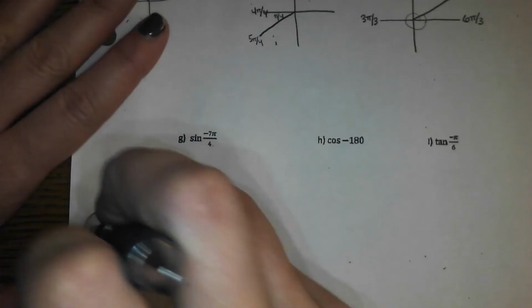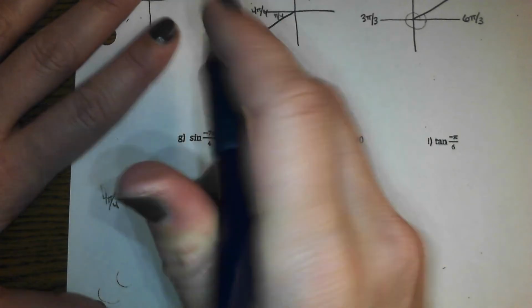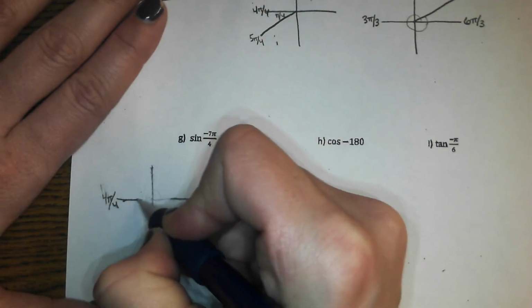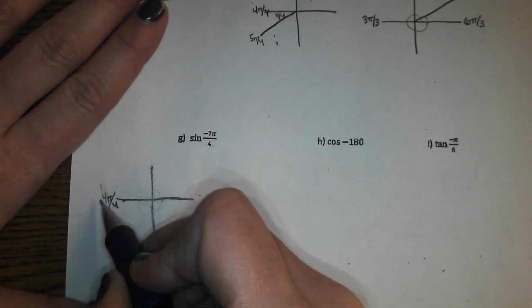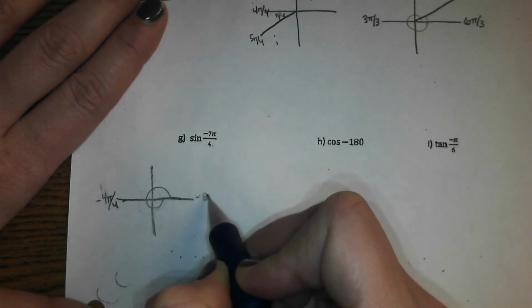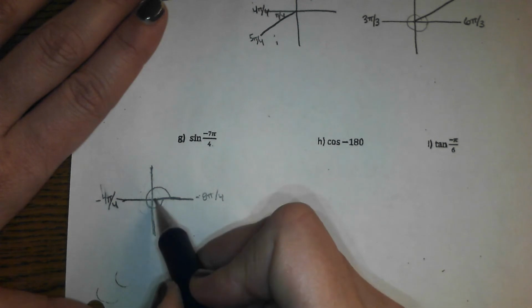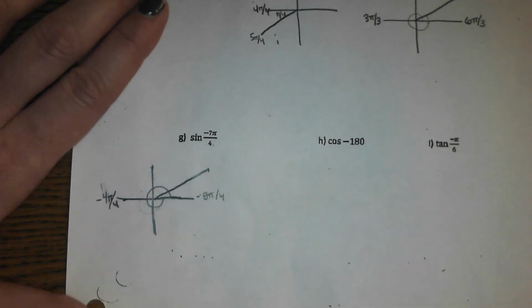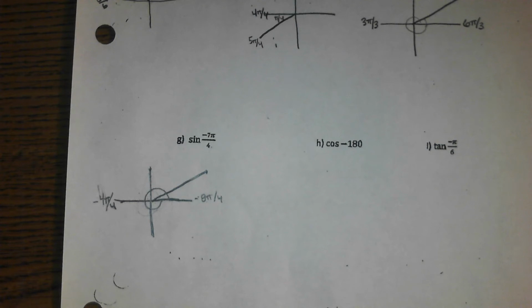Oh, it's negative. Sorry. So this is going to be, we're going to go backwards. Maybe you were right. Were you right? Sorry. So negative 4 pi over 4 and negative 8 pi over 4. What did you say? Did you say first? Oh, you're right. It is the first one. All right, so we were both wrong.